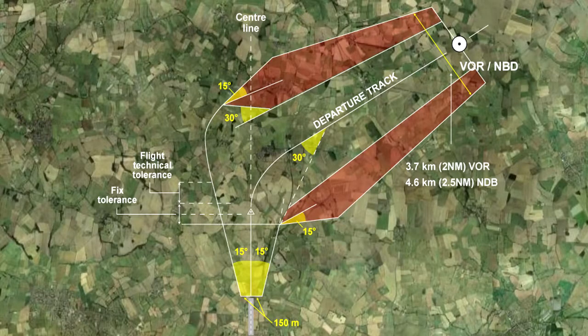If a departure requires a turn of more than 15 degrees, a turning area is constructed, and the turn required is to be commenced upon reaching a specified altitude or height at a fixed facility, like a VOR or NDB. Straight flight is assumed until reaching an altitude of at least 394 feet above the elevation of the DER. At least 90 metres of obstruction clearance must be guaranteed in the turning area.